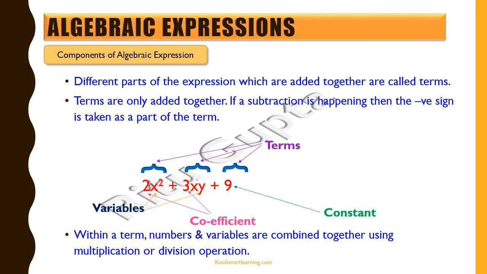Within a term, numbers and variables are combined together using multiplication or division operation. So we are saying in the term 2x square, we see that a number 2 is multiplied with the variable x, second power of x in this case.